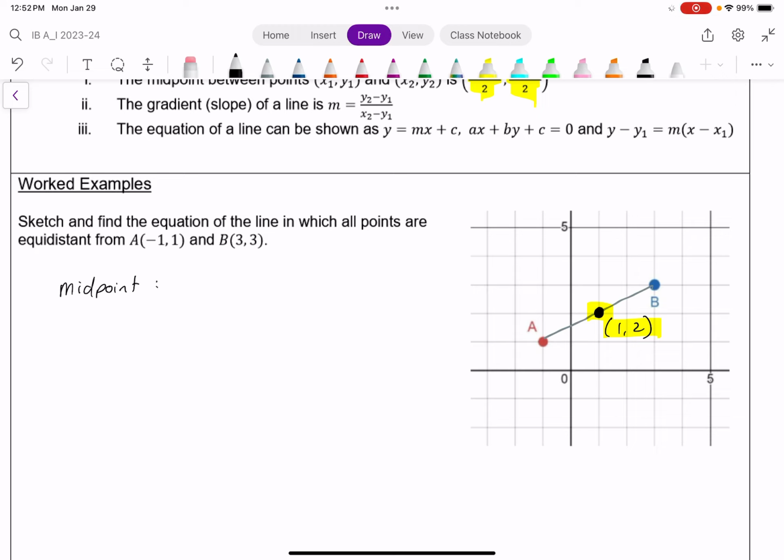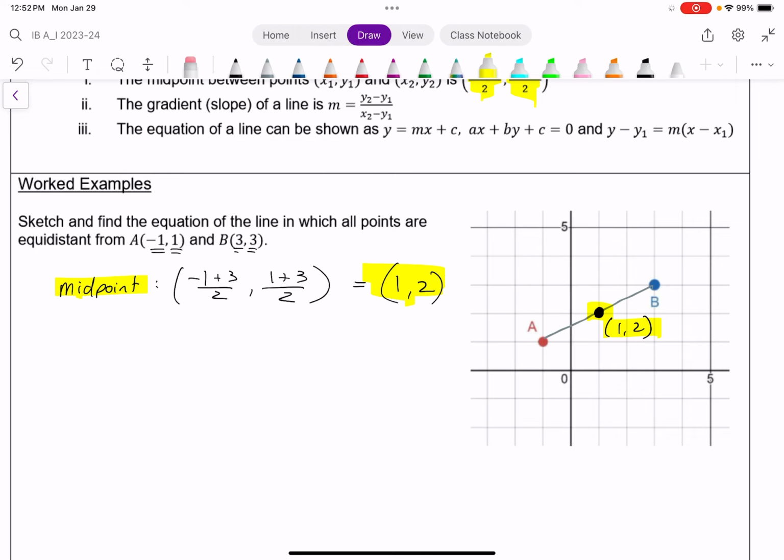The midpoint in this case would be, for my x coordinates, -1 plus 3, divided by 2, and for my y coordinates, 1 plus 3, divided by 2. I'm finding the average, or the mean, of those, which brings me numerically to (1, 2), which I could see by looking at the graph. Again, don't assume the numbers will always be nice whole numbers. So the perpendicular bisector will go through that point.